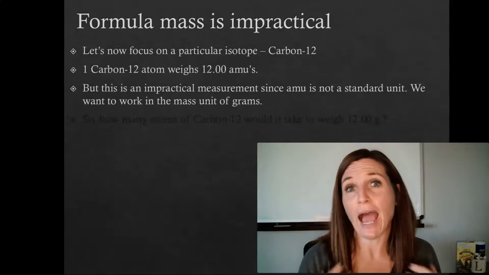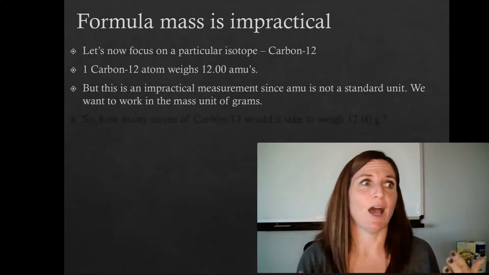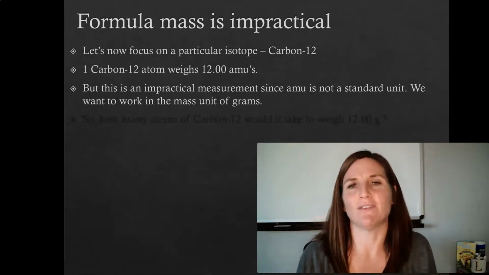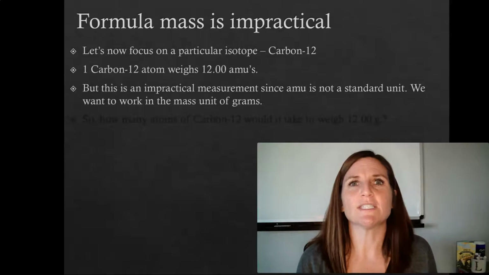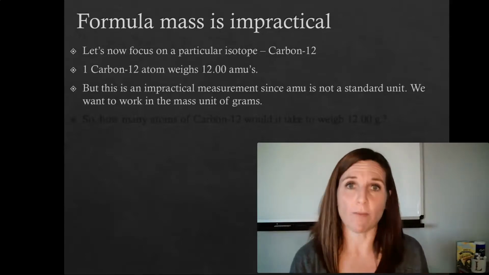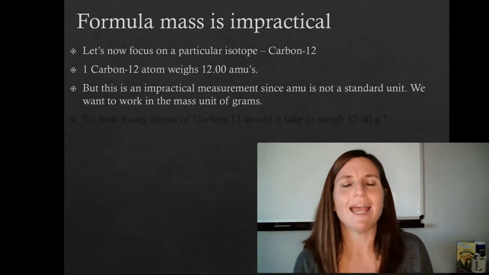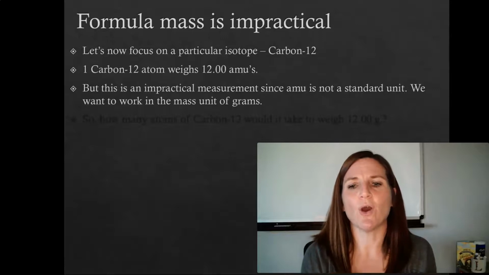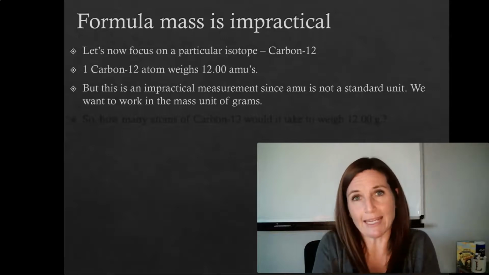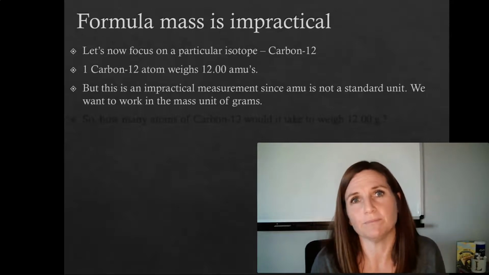AMU is not an actual unit that can be used in a weights and measure kind of environment. So although it's a good scale for comparison, which one's bigger or which one's smaller, carbon has 12, oxygen 16, so oxygen is bigger, it doesn't tell us how to go to an actual scale and get a certain amount of oxygen or carbon.